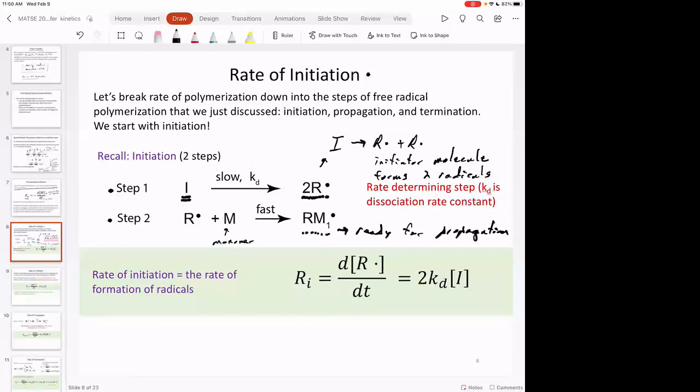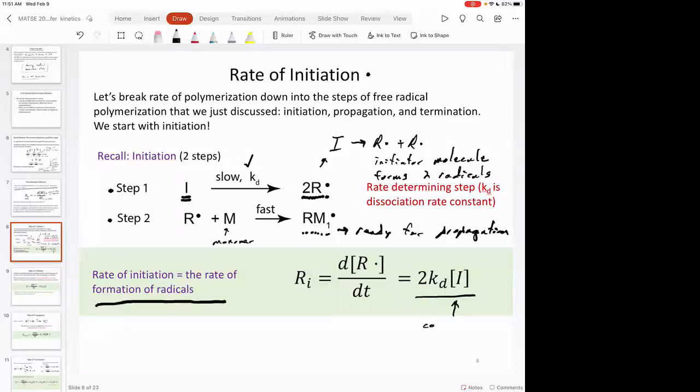And it just turns out by studying lots of reactions that the rate of initiation equals the rate of formation of radicals, and the rate determining step is the dissociation constant of the initiator to begin with. Because as soon as you have radicals, monomer wants to act. The monomers are reactive, they're going to make polymers. We know that's fast, like a chain reaction. And so we don't need to include step 2 in our kinetic expression because the rate of initiation is dominated by the dissociation of the initiator.